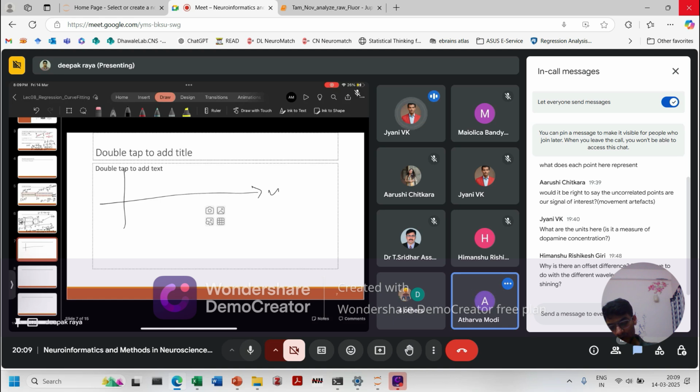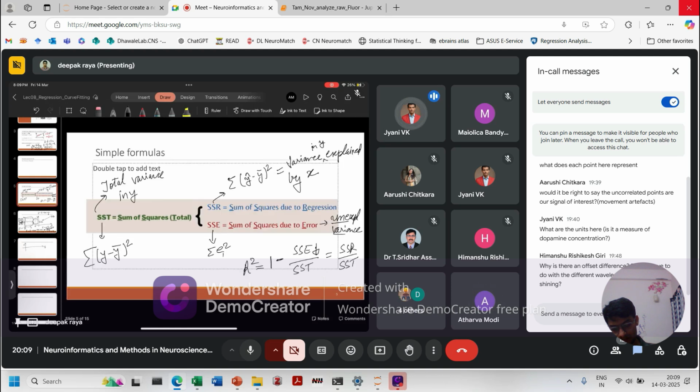So if you plot the expression for SST, y minus y bar square summed, it's the variance in y. So total variance in y, out of which you can explain some part using your regression, that is in blue, and whatever is the rest is unexplained variance.